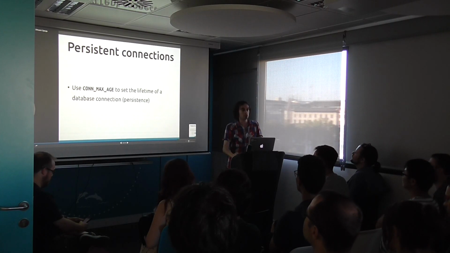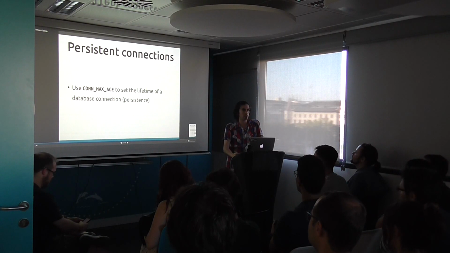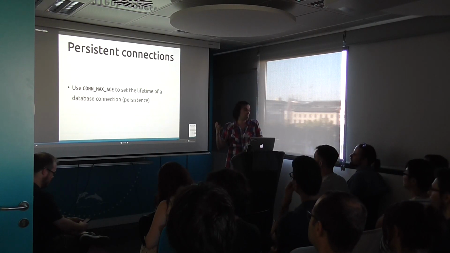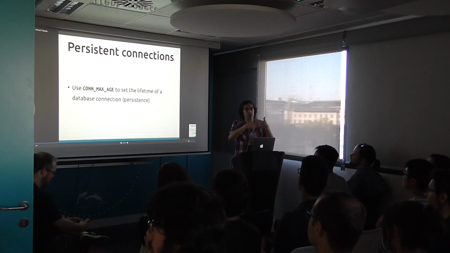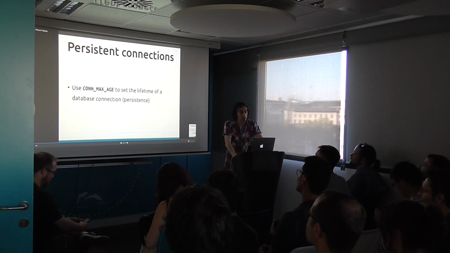So just set some minutes: 1 minute, 10 minutes, 1 hour, so in case there is a zombie connection, it will die after some minutes, and that's more than okay. Opening a single connection is not a lot of time. The thing is that you don't want to do that inside the request cycle, okay? And yeah, just set this setting.